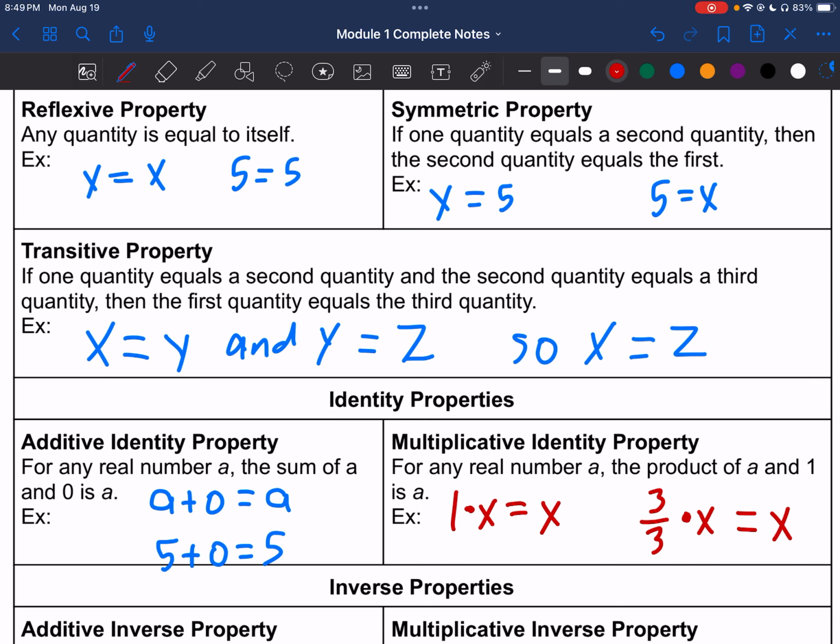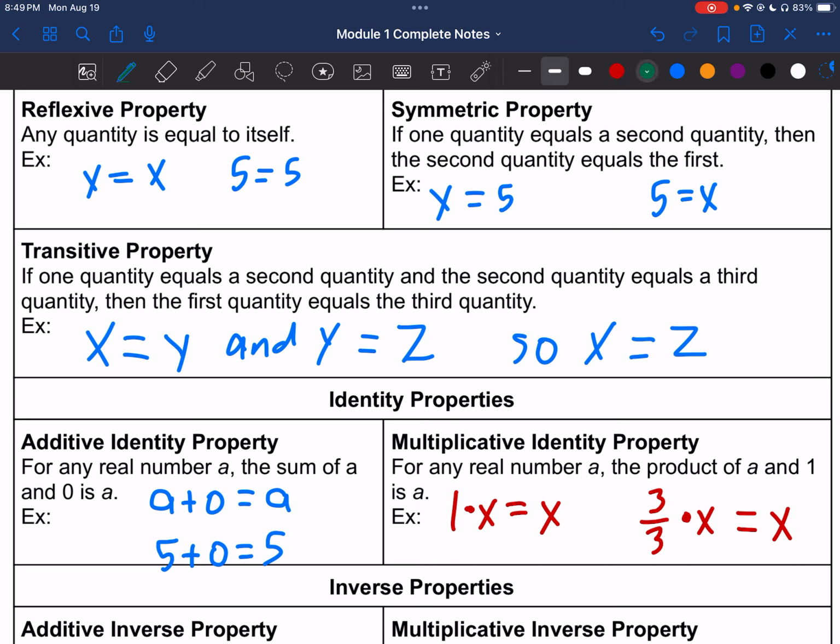Now, where does this come in handy? This comes in handy when we are trying to change the denominator of a fraction so that we could have common denominators. We're going to multiply by 1 because we're not changing the value of that fraction. We are just changing the way it looks. So let's do an example like that.